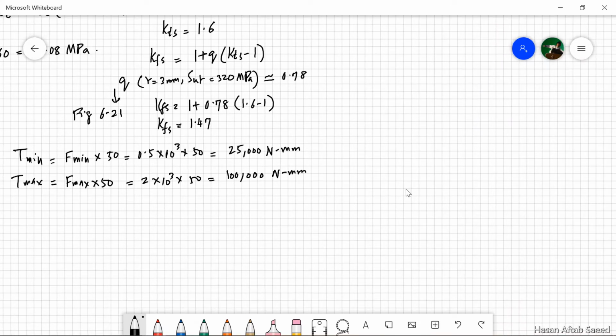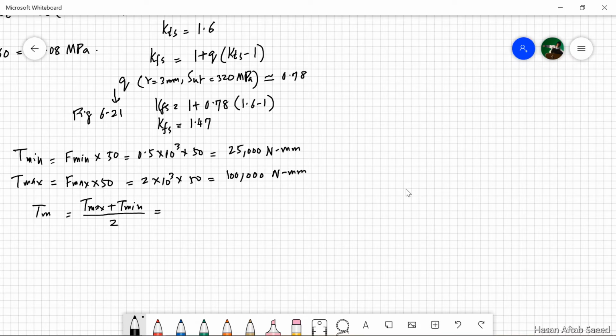Now, if you have Tmin and Tmax, the next is Tmean, which is nothing but Tmax plus Tmin over 2. Very familiar formulas for you.